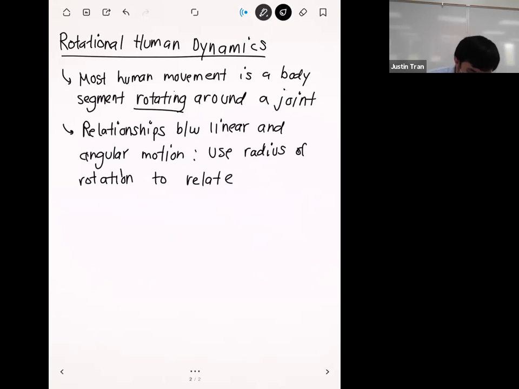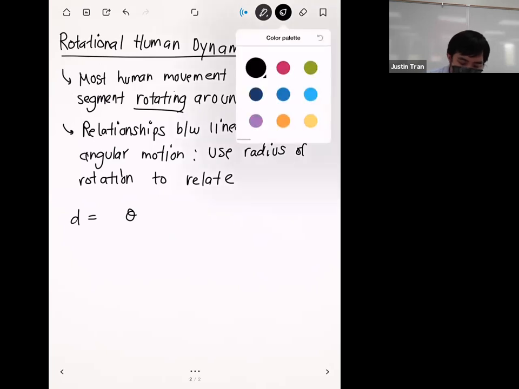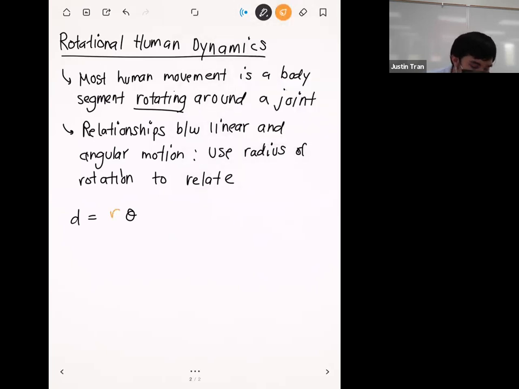Okay. All right. And so as an example, the relationship between linear distance or linear displacement and angular deformation, as an angle. The way that you relate them is you just simply multiply by r.